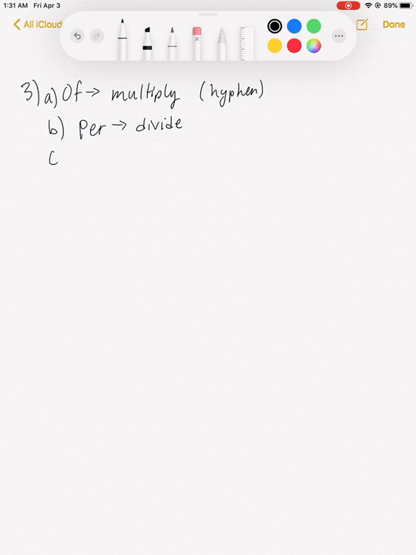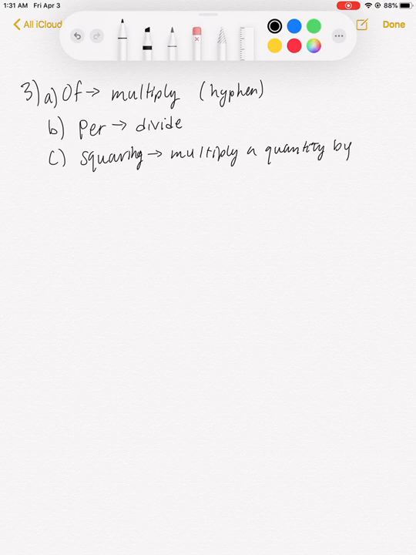C. What does squaring mean? Squaring means to multiply something or a number or a quantity by itself twice.